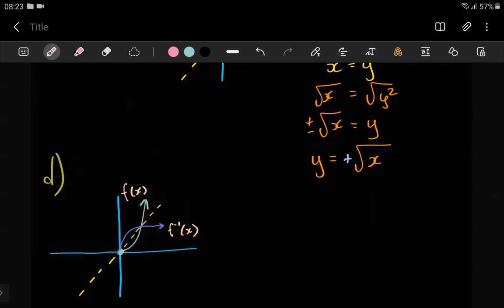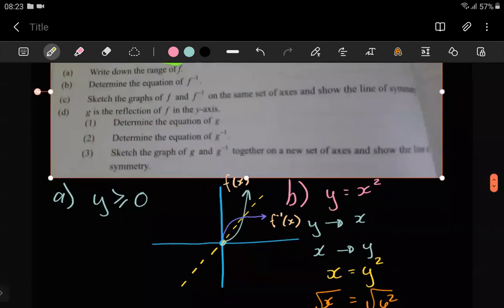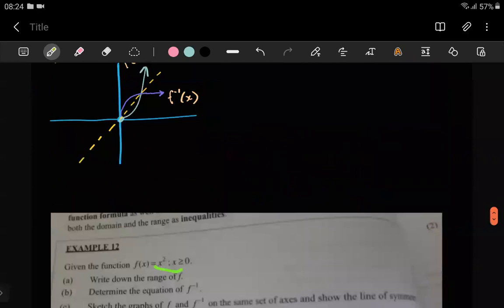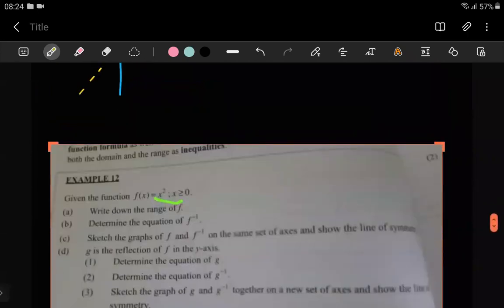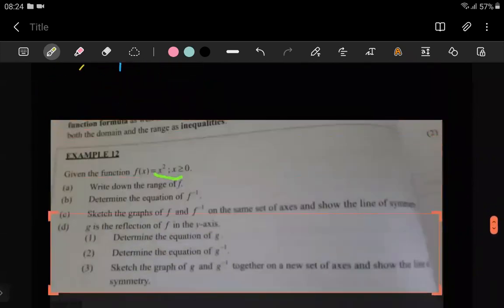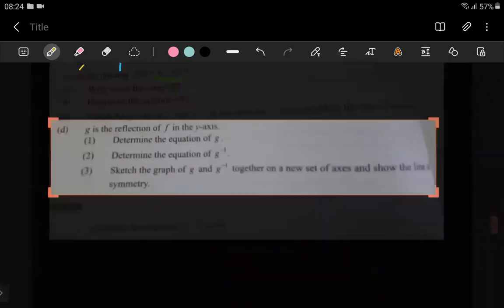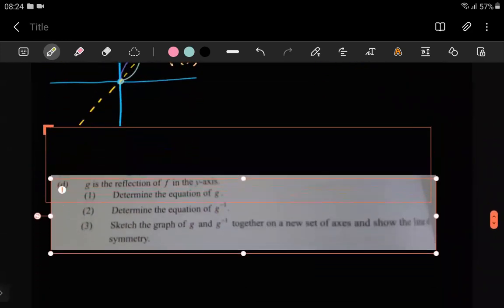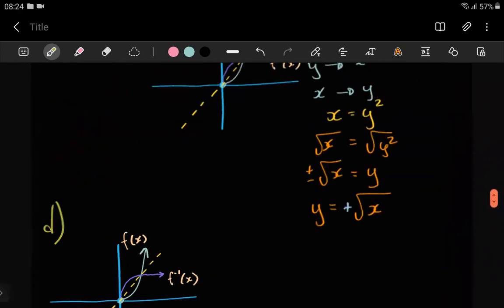So with D, let's see what they're talking about. Let me even copy this so we don't have to keep scrolling up, down, left, right. We can just stick to the bottom here. D is saying G is the reflection of F in the y-axis. So we have to answer the following questions. So we are talking about F, right?